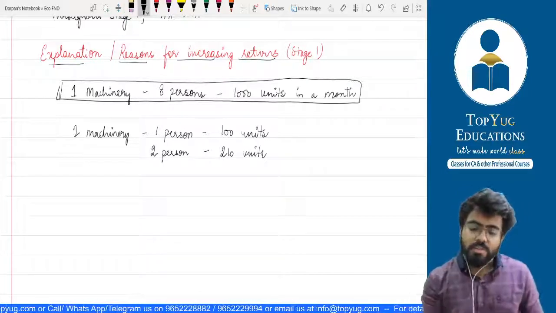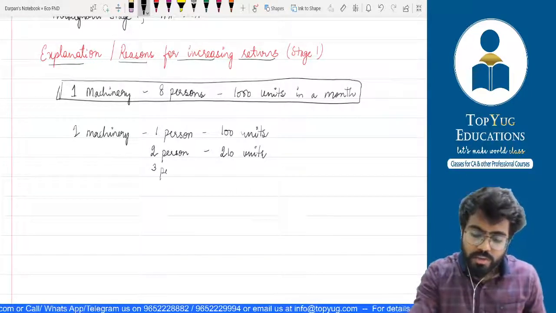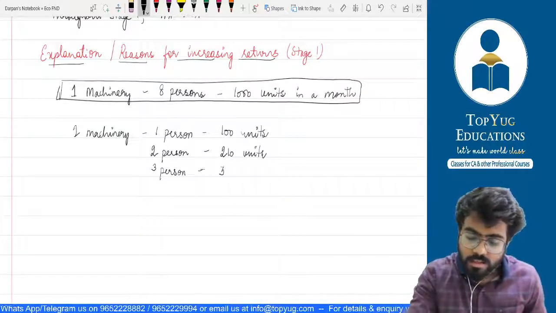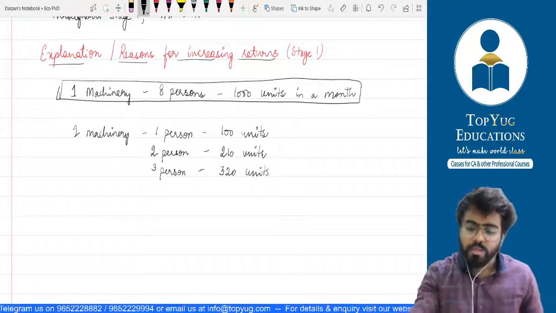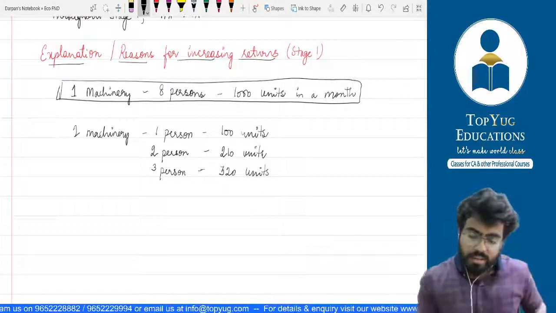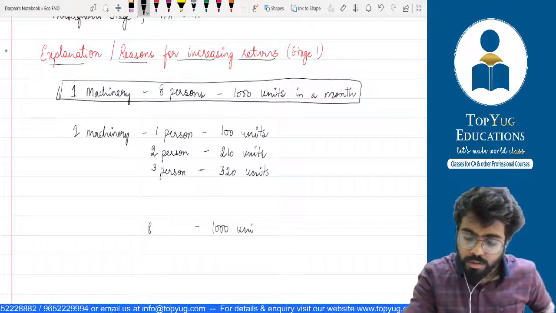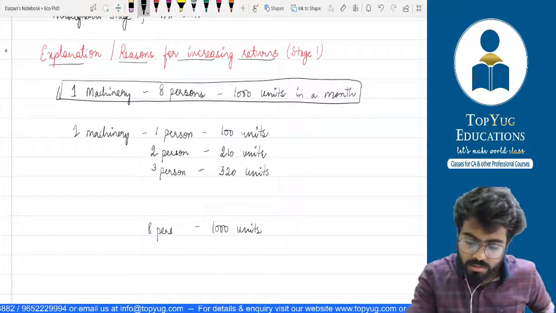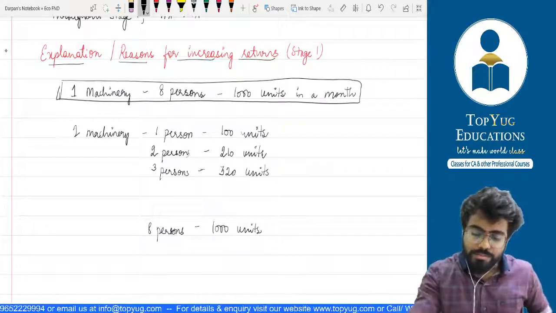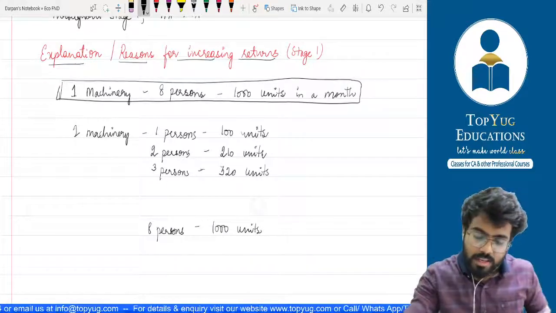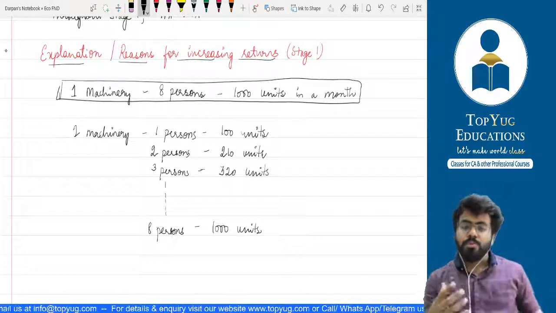Okay? So like this, what happened? You have employed one more person, and with all 3 persons, you are able to produce 320 units. So like this it will happen. Then with 8 persons involved, you will be producing 1000 units. Correct? When you reach 8 persons, that is when you will be producing 1000 units.